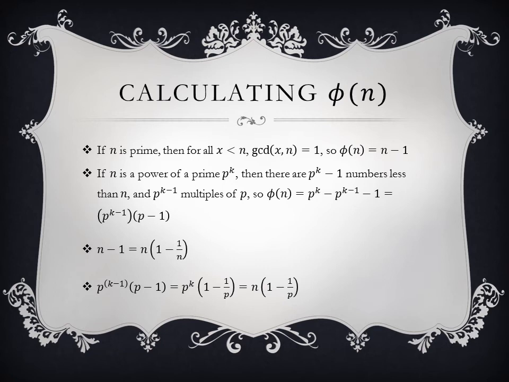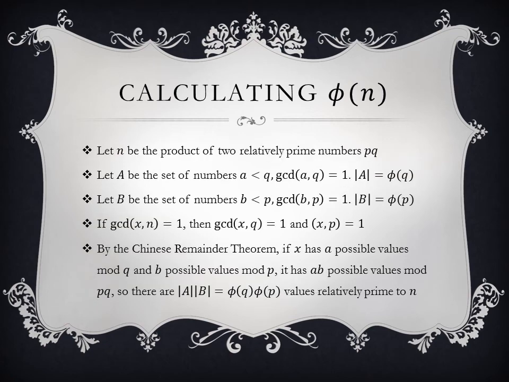So, phi of p to the k is p to the k minus 1 times p minus 1. It is interesting to note that for both prime numbers and powers of primes, if p is the prime factor of n, then phi of n is n times 1 minus 1 over p. We're going to use this fact later, so remember it.